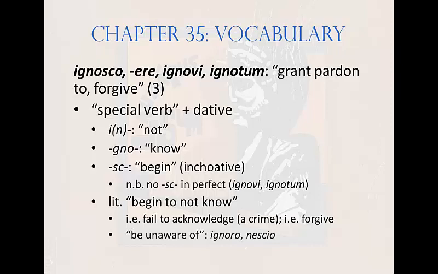If the Romans wanted to say not know or be unaware of, that is, actually be ignorant, they had to deploy a different verb, like ignoro or nescio. Remember, most judges will not pardon ignorance of the law, nor will I fail to acknowledge unawareness of Latin.